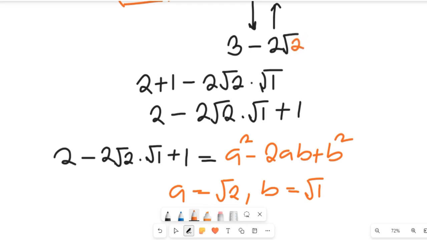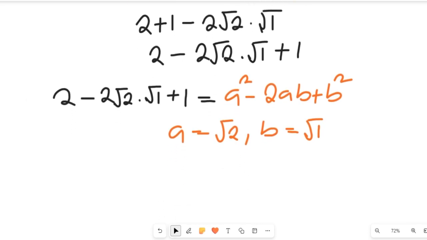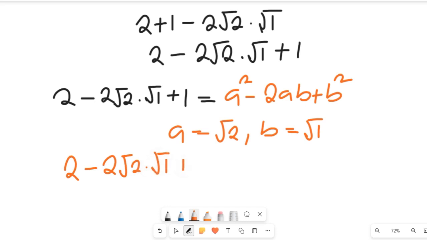So that shows us that this whole value, which is 2 minus 2 root 2 multiplied by root 1 plus 1, can be written as the square root of 2 minus the square root of 1, all squared, right?